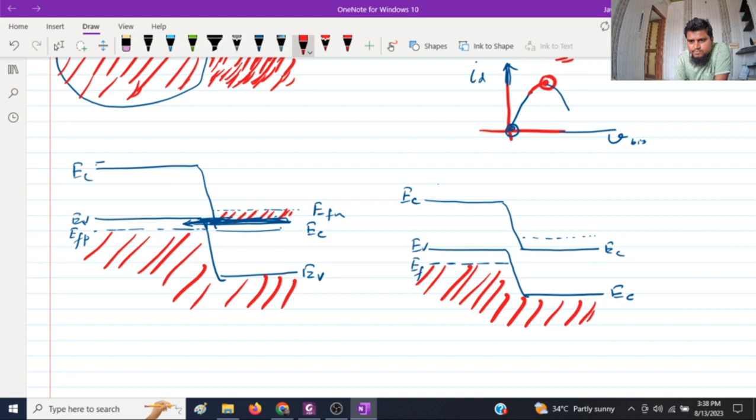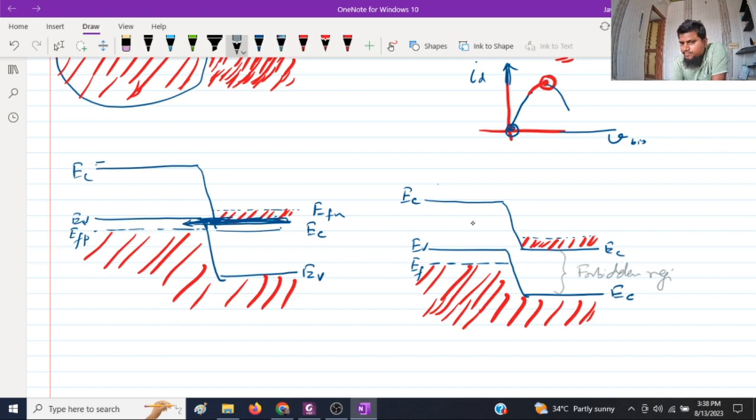Of course this is also electrons. Why are there no electrons in between? Because this is the forbidden region. Between EC and EV, there are no energy states allowed in that particular semiconductor.